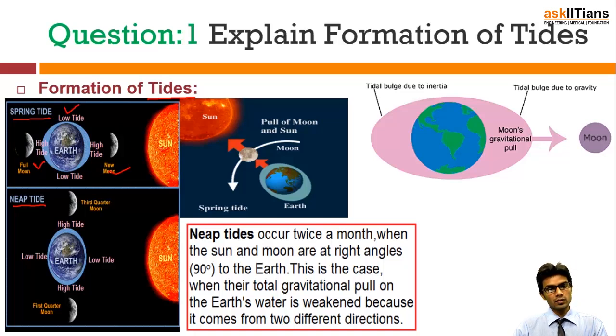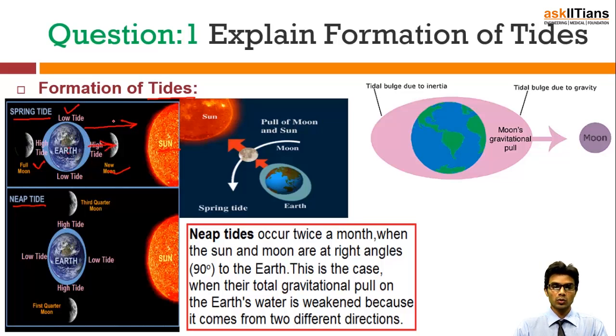When the moon revolves around the earth and comes between the earth and sun, this is the force of attraction between the sun and earth, and this is the force of attraction between the earth and moon.